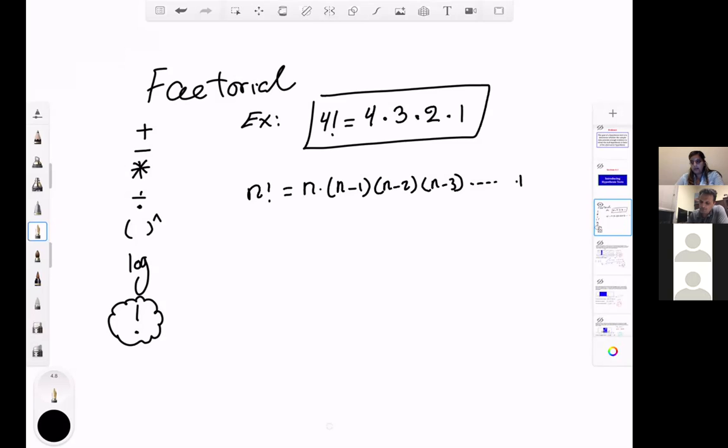And you also need to know 0 factorial is 1. We don't want to prove it now, but 0 factorial is 1.